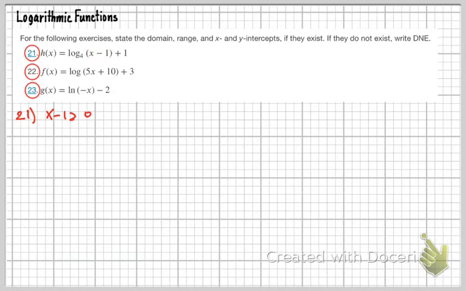It has to be greater than 0. So that's where that comes from. All right, so now when I add 1, I get x greater than 1. So that means my domain is going to be 1 to infinity, because that's what the interval for that inequality represents.